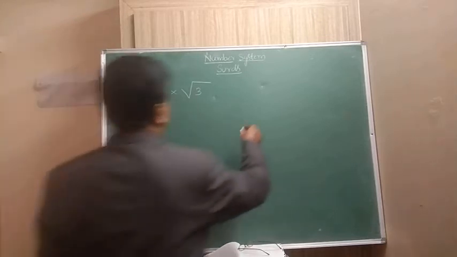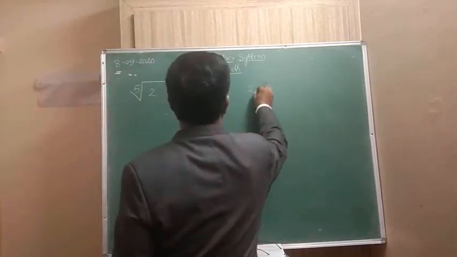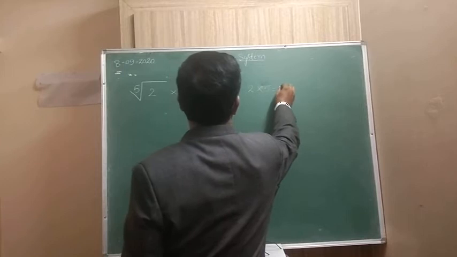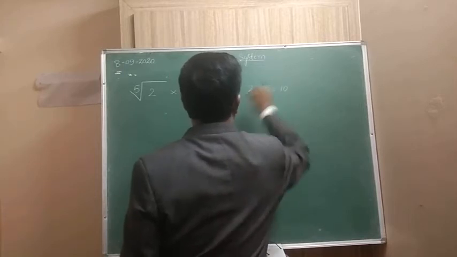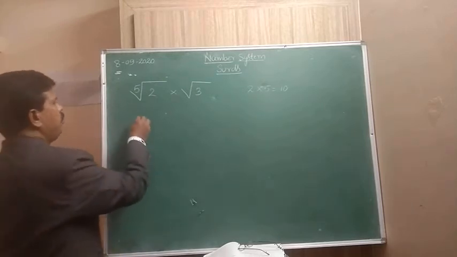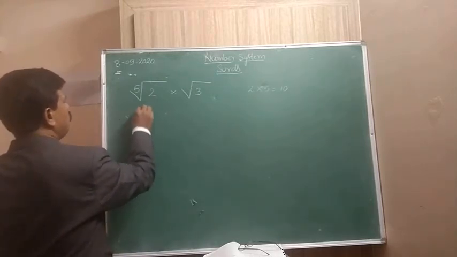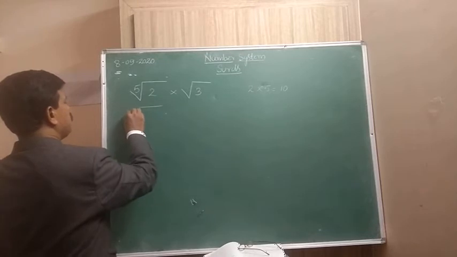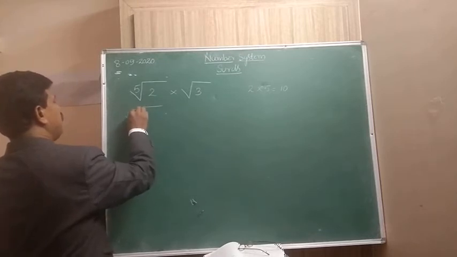Now the orders are 2 and 5. Both are prime, so you should take the product as the LCM. Now convert each order into 10. The order is 5, so you should multiply by 2.